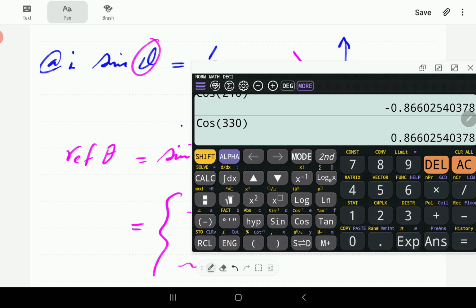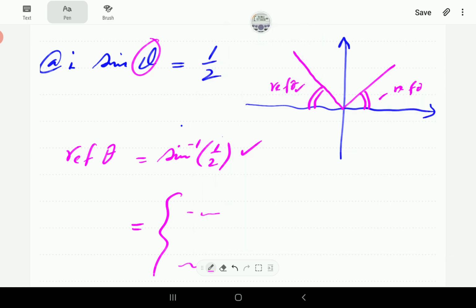Again, we make sure that the calculator is in the degrees mode. There is sine, there is inverse sine. So we're going to go second function, and then here we want 1/2, equal. So that gives us 30 degrees. Well, 30 degrees is going to be this one in the first. Well, the ref is 30.